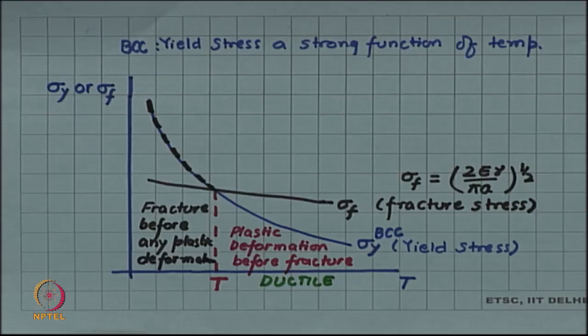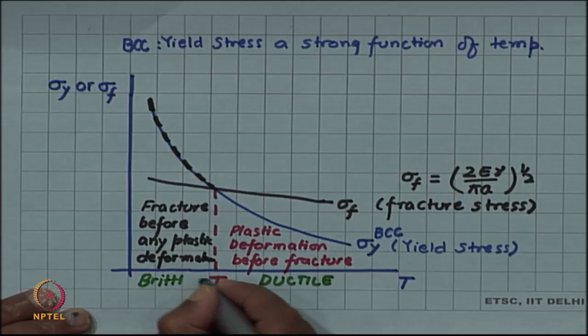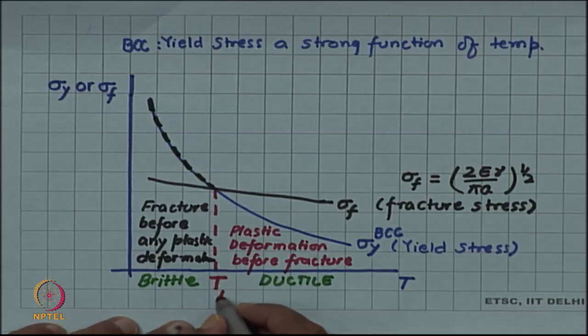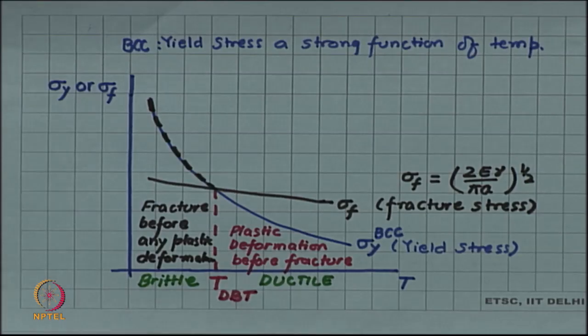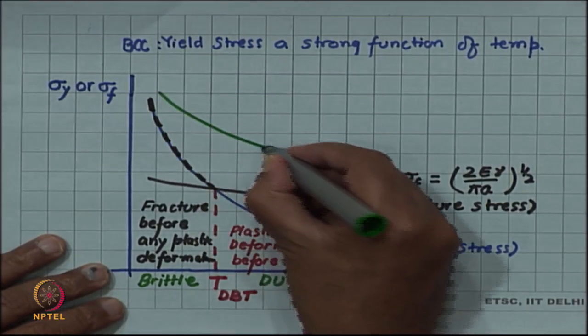However, since fracture is happening before any yielding is happening, this part is brittle. In this domain of temperature the material will behave in a brittle fashion. So, then this temperature is the ductile brittle transition temperature. In some cases it may happen that you have a material in which the yield stress is not a strong function of temperature.